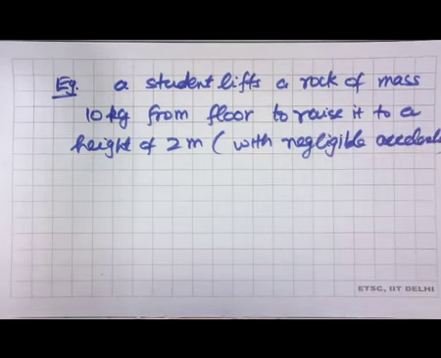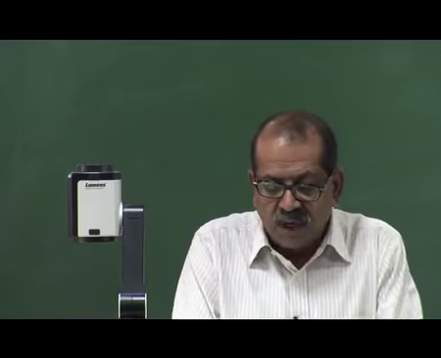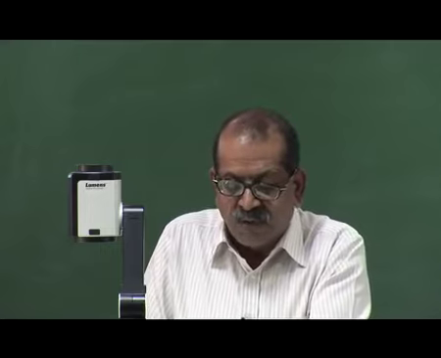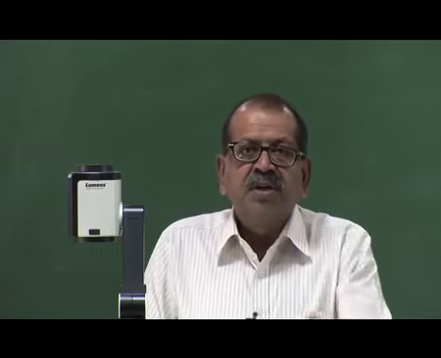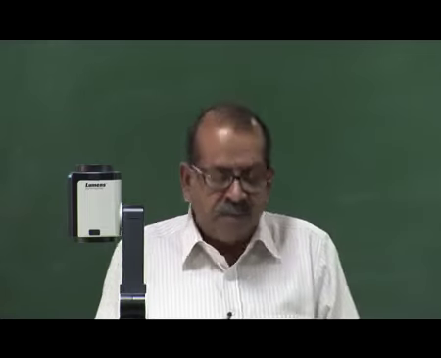So, we are assuming that there is a stone or a rock lying on the ground, and somebody lifts it from the ground up to a height of 2 meters with very negligible acceleration. The reason for this is we do not want any net force to come on the body because of this.